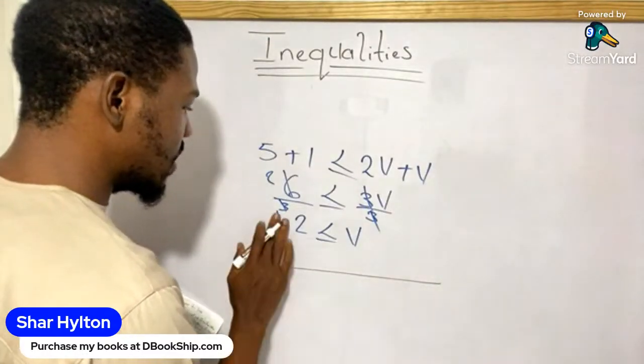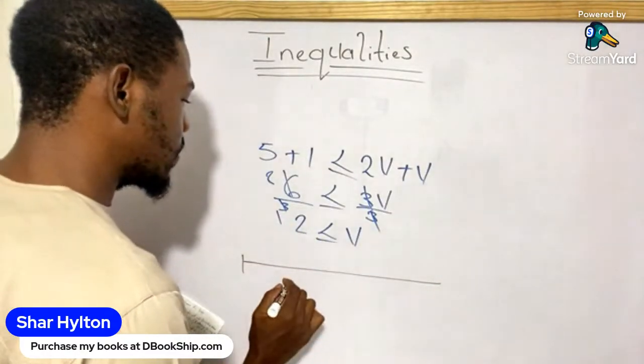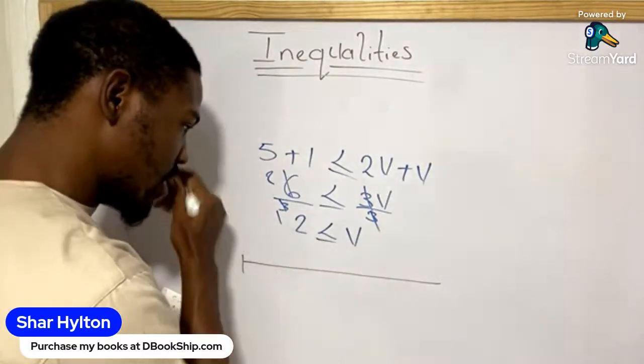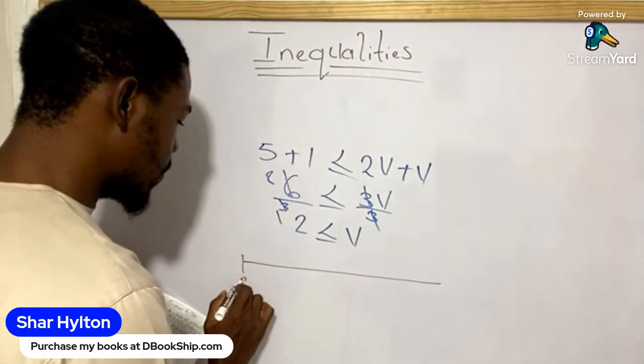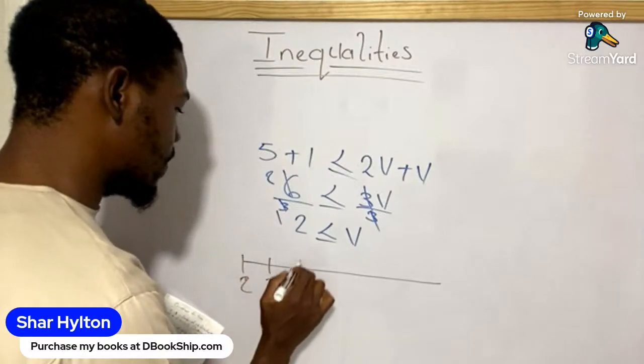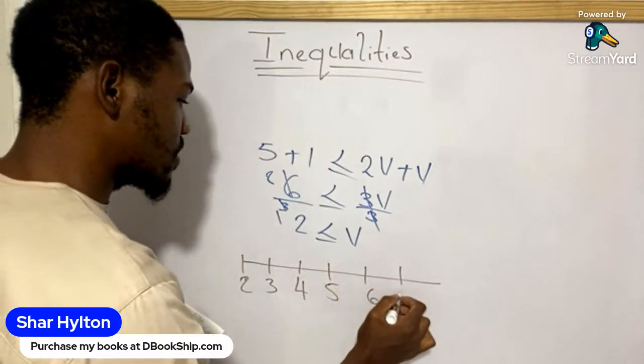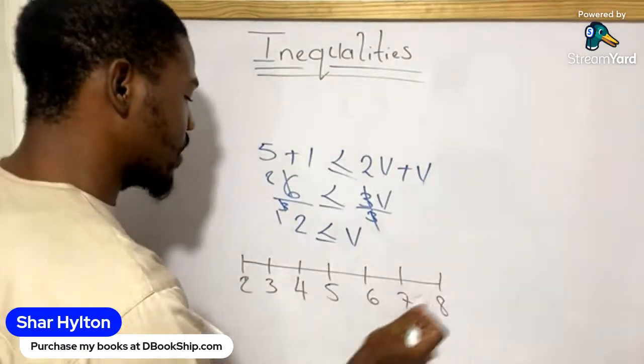so we said that 2 is less than or equal to v, right? So that means that v is greater than or equal to 2. So we can start with the 2 right here. We have 3, 4, 5, 6, 7, and we can just stop at 8.